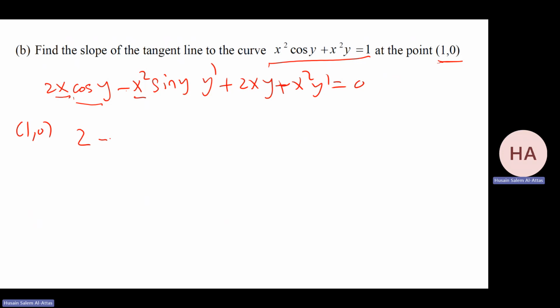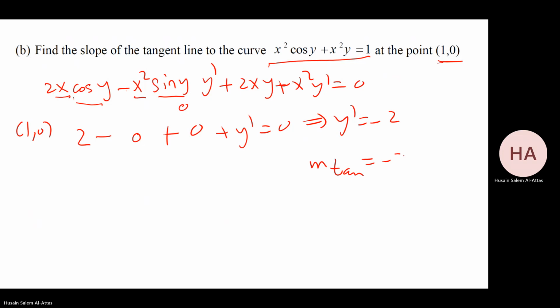Here I have sine 0, which is 0. Okay. This is 0. This is 2 plus 0 plus 0 minus 0 here, of course. Plus y prime equals 0. So y prime equals minus 2. And that is the slope of the tangent.